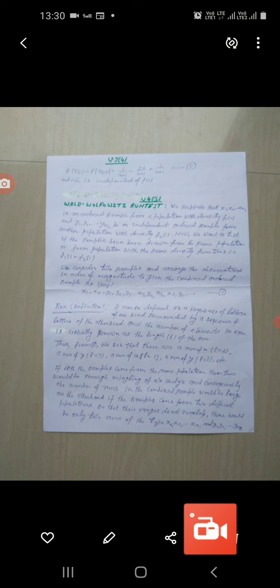Another type of alternative hypothesis is one-tailed, given by H2: Fy(x) is greater than or equal to Fx(x) for all x, with Fy(x) greater than Fx(x) for at least one x, and let it be equation number 2.